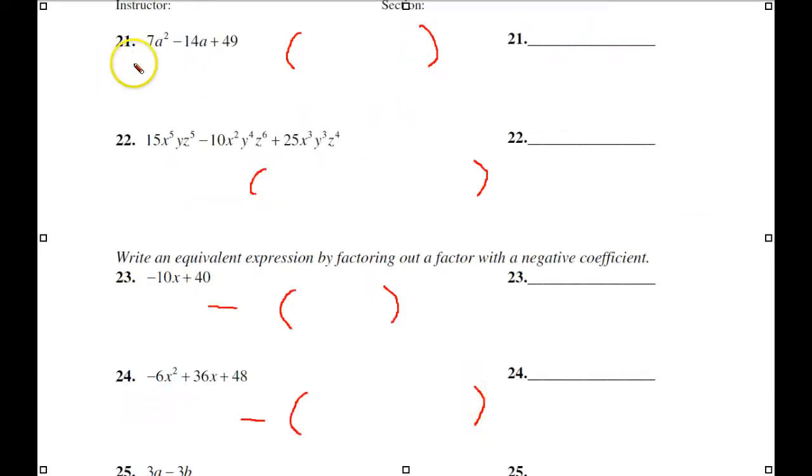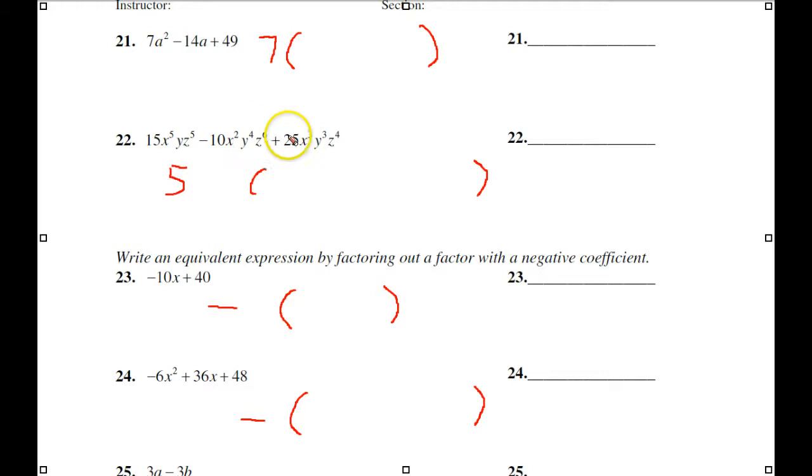Now as we do these next few examples, you want to develop a protocol. So you're looking at this, you want to factor out the greatest common factor. And then you're going to have a parenthesis for 3 terms. So the greatest common factor here is what? A 7. Now here we have a 15, a 10, and a 25. So for the number part, the greatest common factor will be a 5.